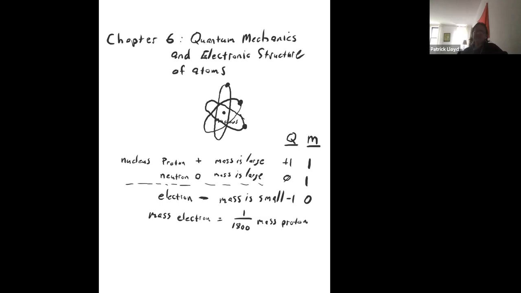The proton is a little bit lighter than the neutron. So the mass of the neutron is, like, 1% greater than the proton. Okay, it's a pretty small difference. They're pretty close to each other, right?